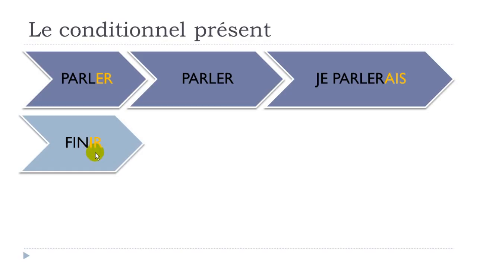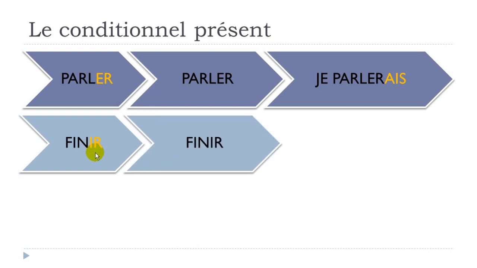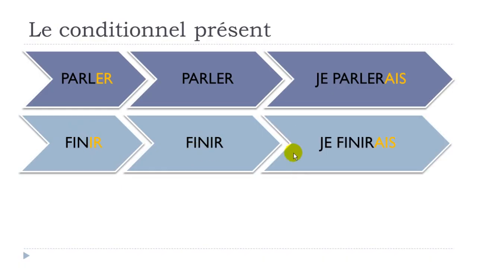Be careful, not all the verbs ending with IR, but a quite decent amount of them belong to the second group, but then still it will be quite easy because it is exactly the same way. You don't modify your infinitive form, you just keep it like that, all right? And after that, you add your ending. Je finirai. So AIS. Je finirai. All right, so it's quite easy. You keep your basic form, your infinitive form, and right after, you just put the ending.